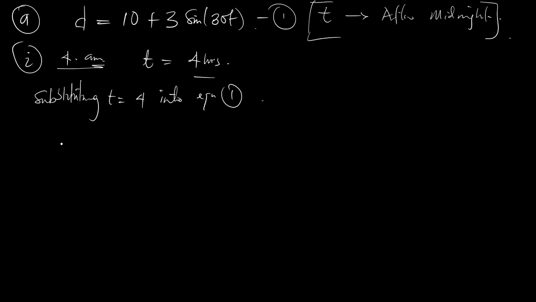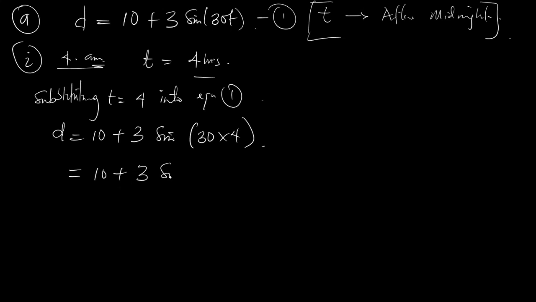We are now going to look for the depth at 4 a.m. So the depth at 4 a.m. will now be D is equal to 10 plus 3 sine 30 times 4. So we now have 10 plus 3 sine 120, because 30 times 4 is 120.